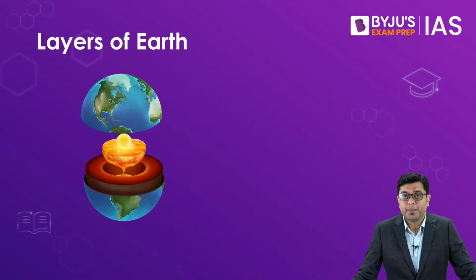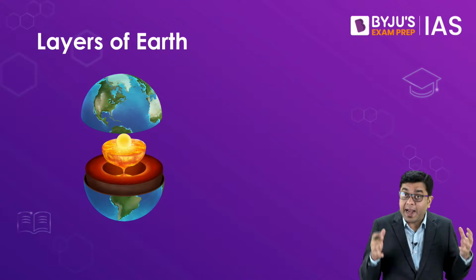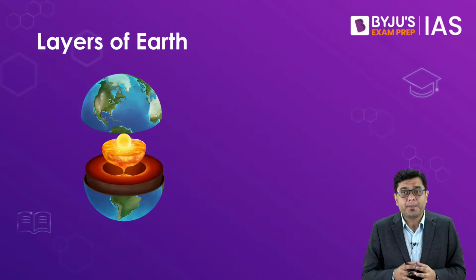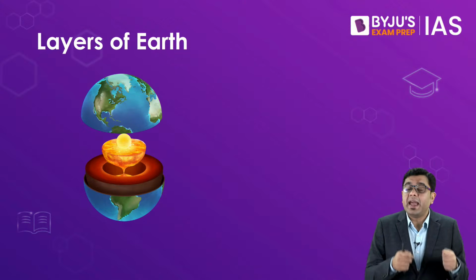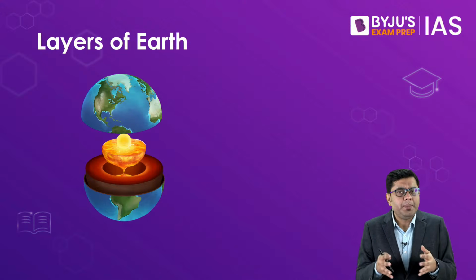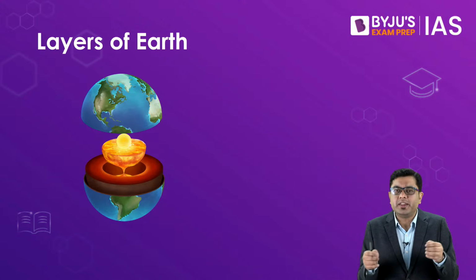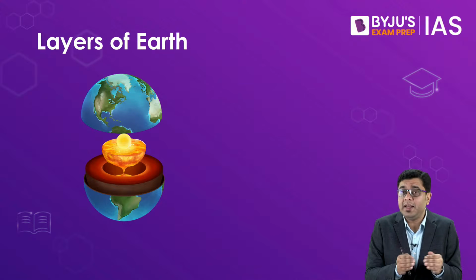Overall, if you take a look at the surface and the interior of the planet, the inner structure of the planet can be likened to that of an onion, where you have various different layers and you peel off and go to the lower, inner layers.